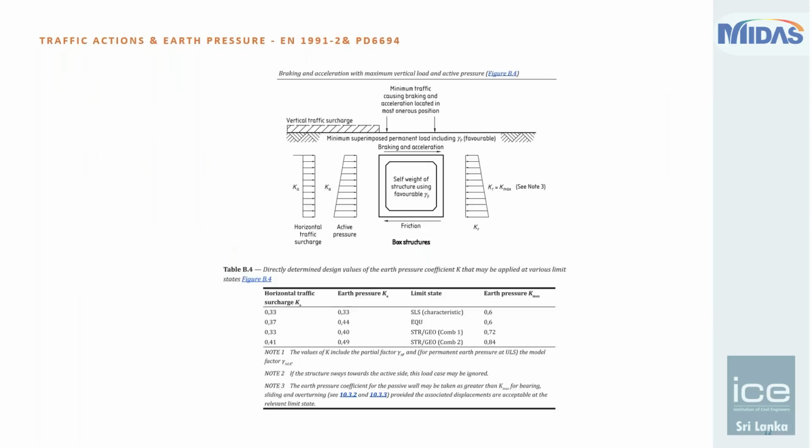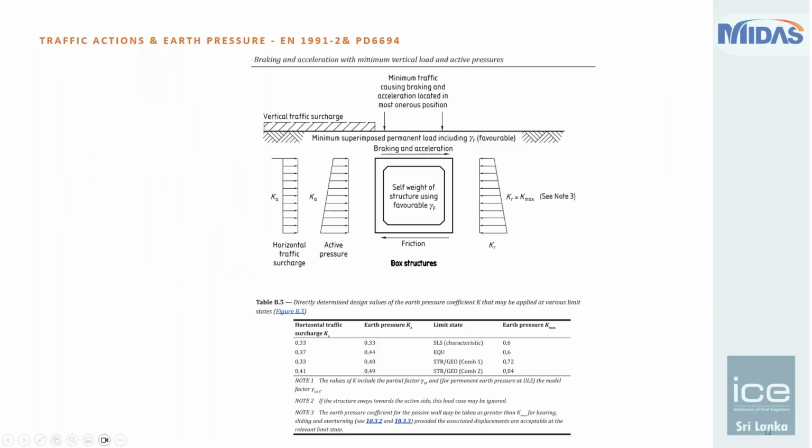While the box has a maximum vertical loading, the active pressure condition is associated with this longitudinal deformation mechanism. In such cases, a shear deformation can arise because of this braking and acceleration load, even though the structure is quite rigid in nature. So it might not be significant enough, but still we must know the possibility of it. And PD 6694 does state to check for these cases as well.